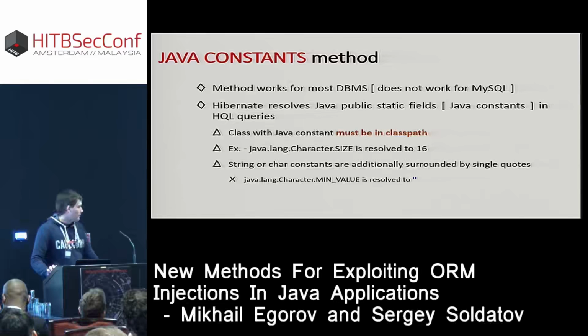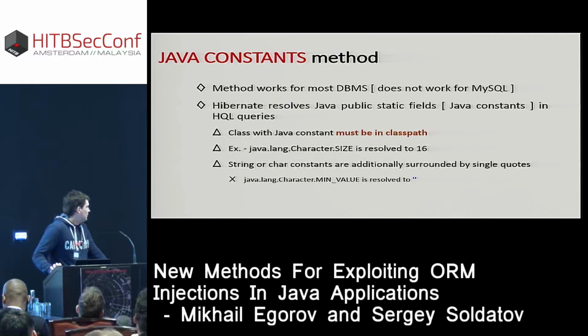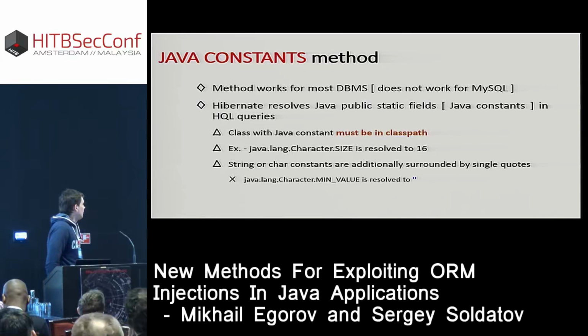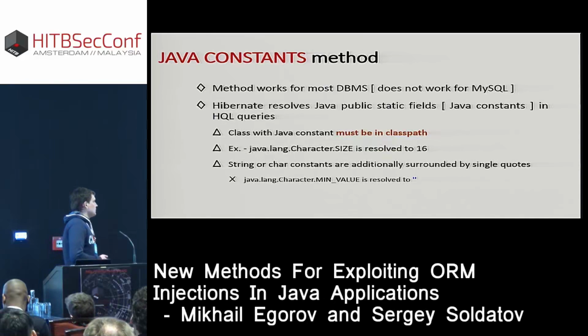The reason why this method works is because Hibernate resolves fields of public static classes through a dot-delimited identifier. So we can specify, for example, java.lang.Character.SIZE in our HQL query, and Hibernate will replace it with 16.